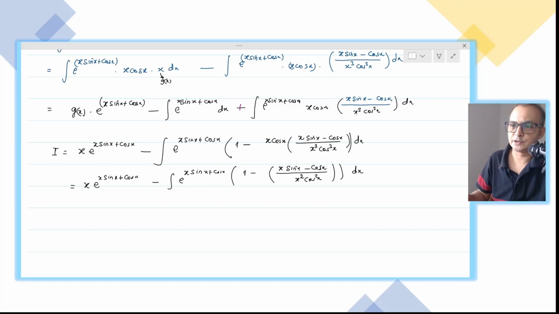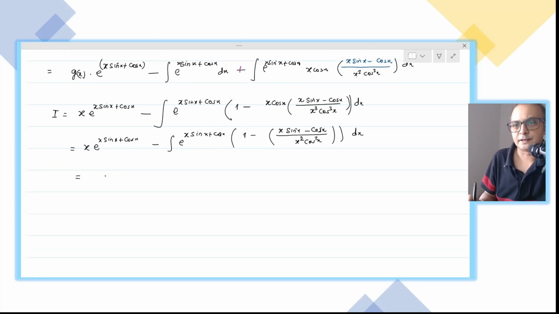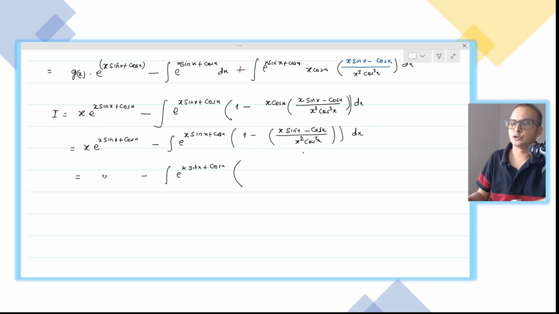After this, many students struggle to get the format, but we got the format. In fact, you see why I'm saying this. I'm just writing this thing, and this is what e to the power x (sin x plus cos x), and here I'm writing, because you notice this x cos x has derivative this thing. So how will this whole thing come in the form of a derivative if I have 1 by x cos x in the denominator?